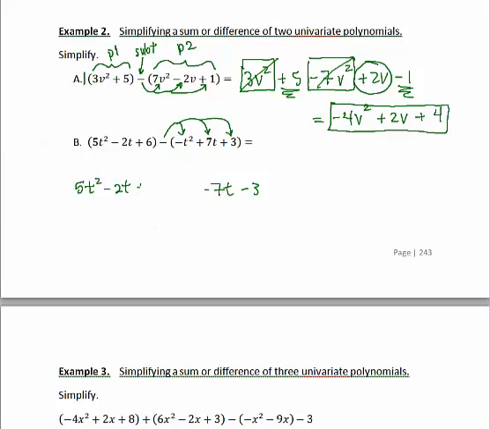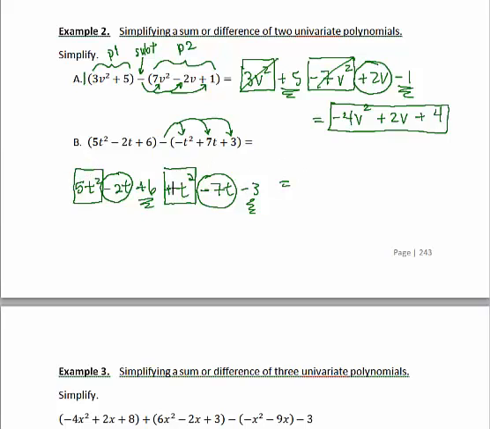Plus 6 plus t squared and minus 7. Alright. Here is our t squared term. We can combine that with this other t squared term, and notice I include the sign in front. We have two t terms, negative 2 and negative 7t, and then here are the constants.